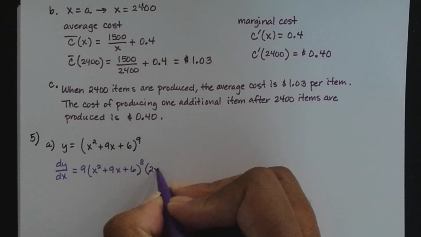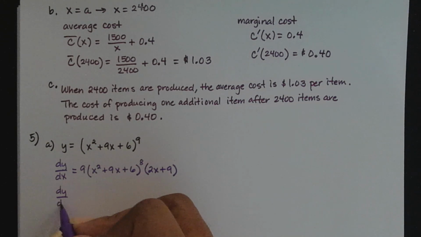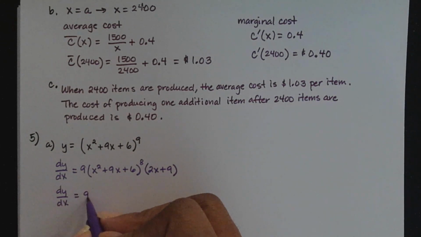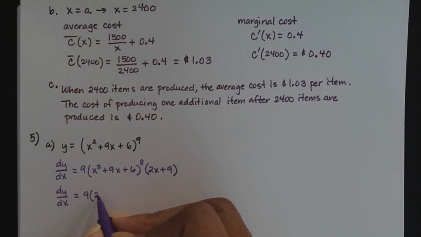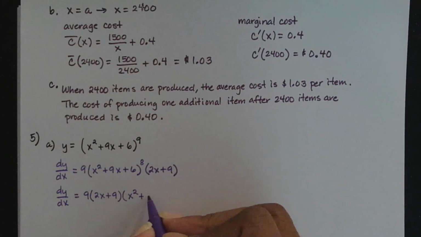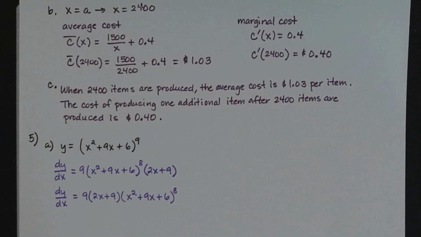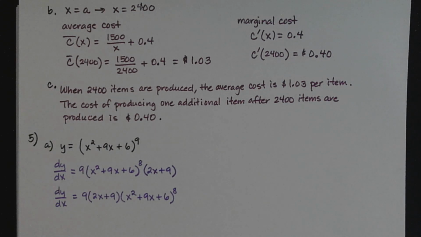I'll rearrange these terms: the 9 in front and then 2x plus 9 right after it, multiplied by the quantity x squared plus 9x plus 6 raised to the 8th. And I'll go no further than that. Are there any questions about part A?